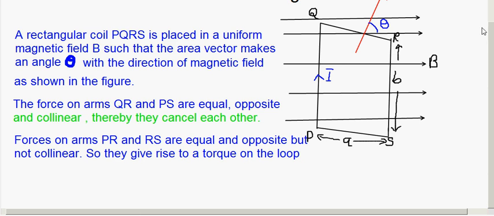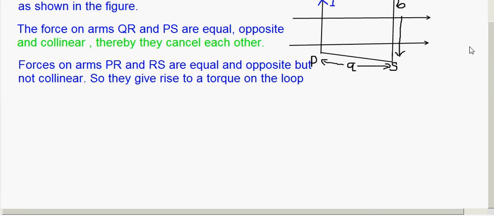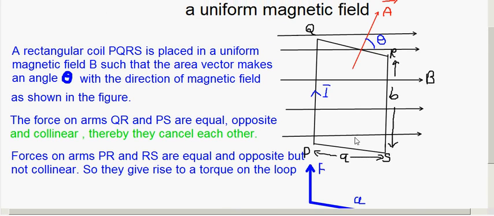Now if I draw these two forces, it will be something like this. So we have A here and then two forces acting like this. So here this is A, F, F. So the force on arm PR, no, sorry, I have written PR, it is not PR, it is PQ. So here it has to be Q, on arm PQ.